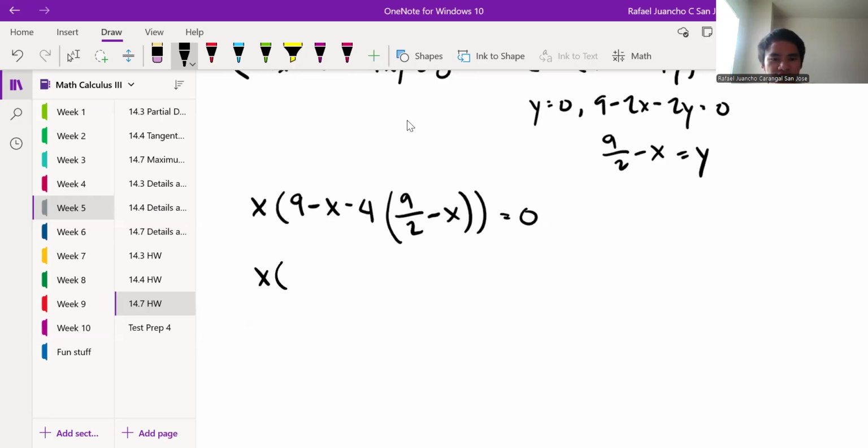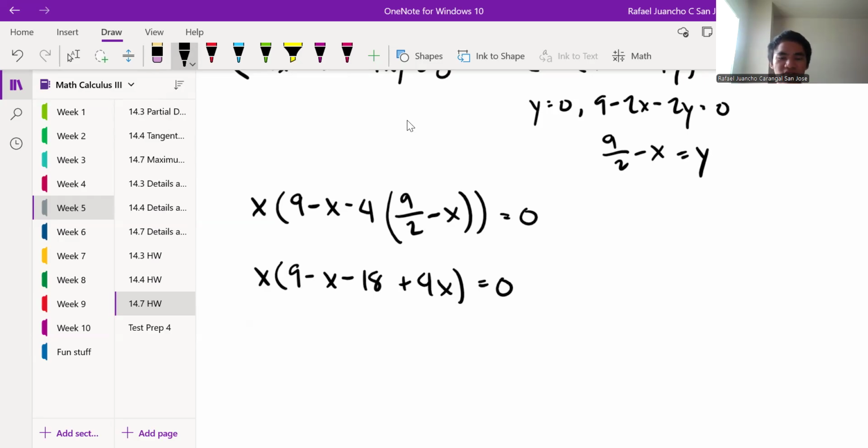So here I have x. This is 9 minus x minus 36 over 2. All right, could have just done 18. Minus 18 plus 4x is equal to 0.